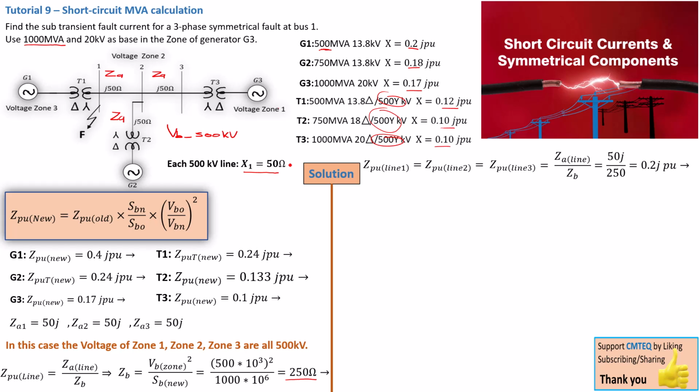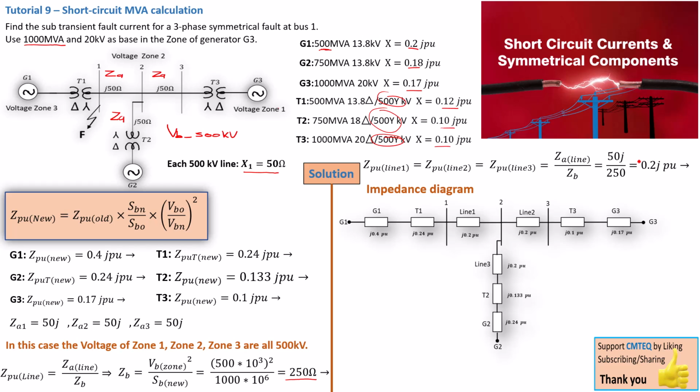So that's 50 divided by 250, and that gives us 0.2 j per unit. So this makes the task very simple. We know that all these sections here have the same Z per unit line impedance of 0.2 j per unit. Now we can go ahead and draw our impedance diagram.